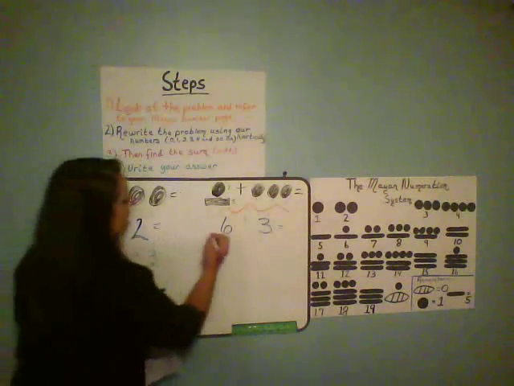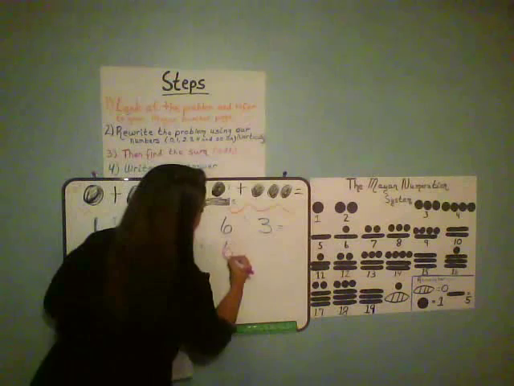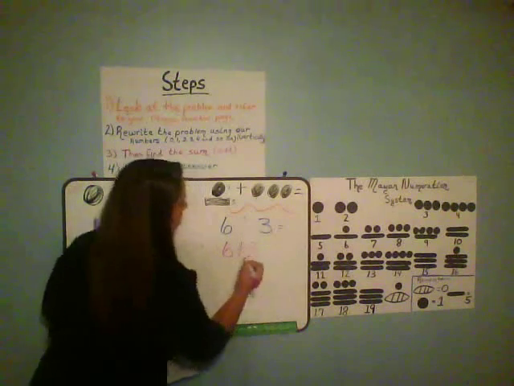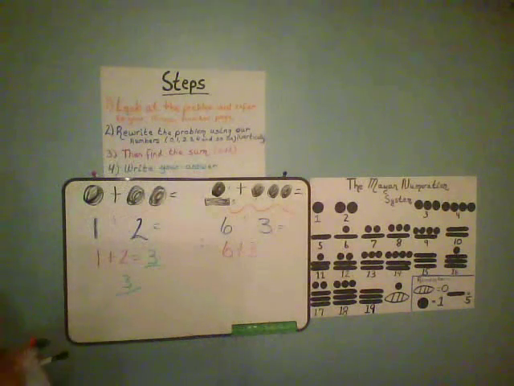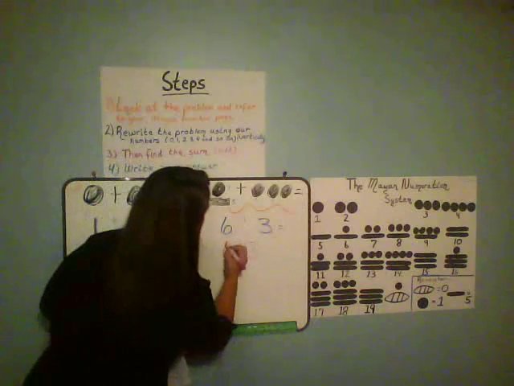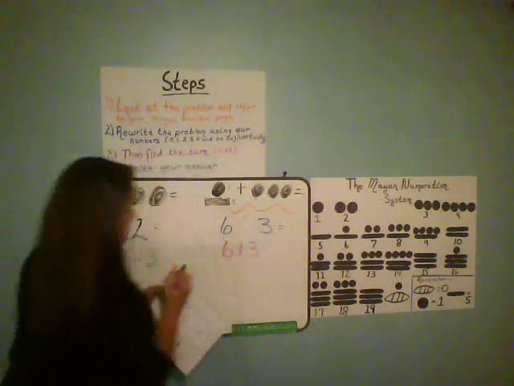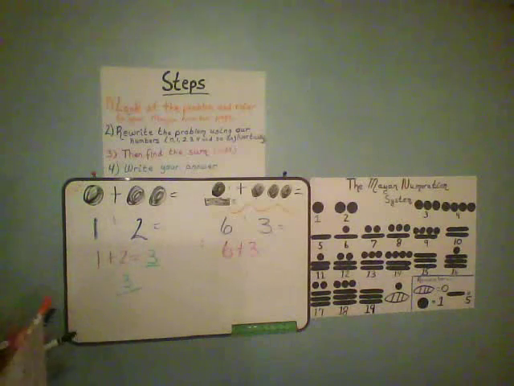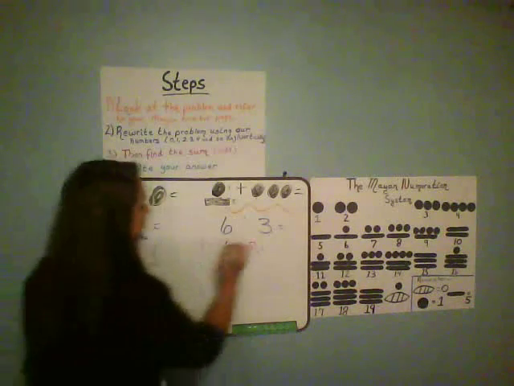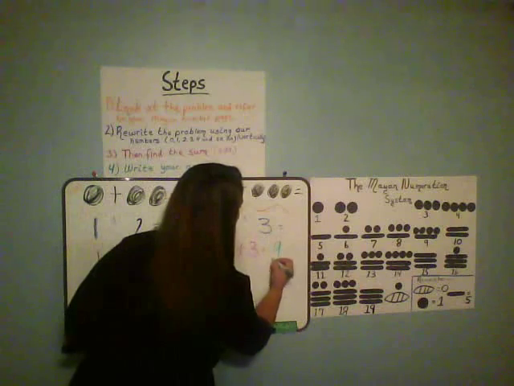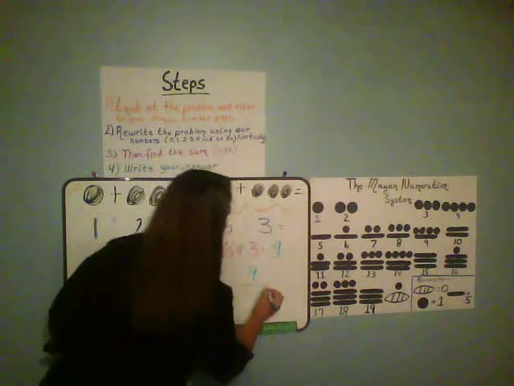Third step is find the sum. So we're going to do 6 plus 3. 6 plus 3 equals what, friends? Equals, that's right, 9. Fourth step is write your answer.